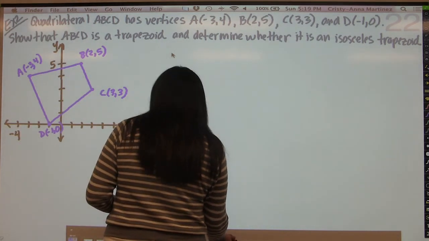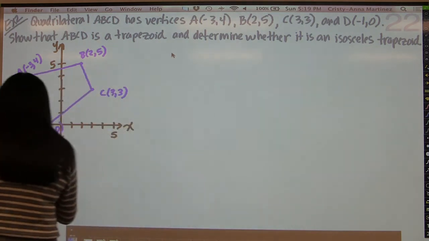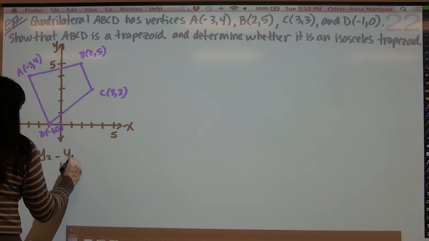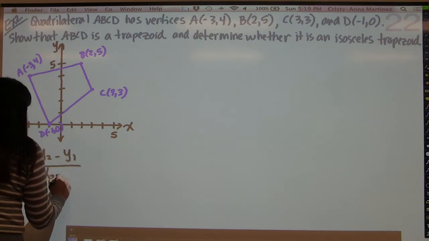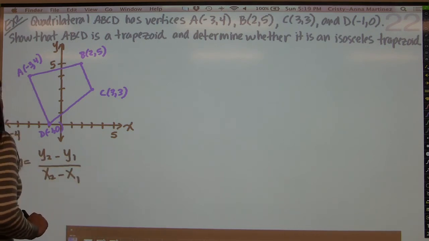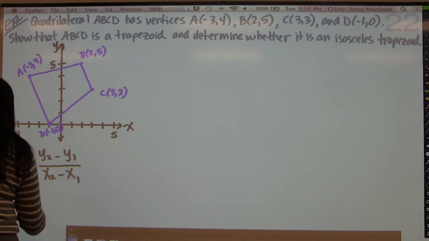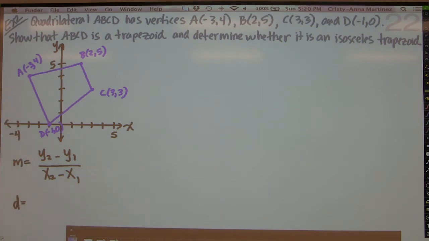So I'm going to go ahead and put the slope formula up here. I'm going to put it down here. Remember that it's y2 minus y1 over x2 minus x1. That'll give us the slope between two pairs of points. And then also we're going to be using the distance formula because they want us to see if it's an isosceles trapezoid.